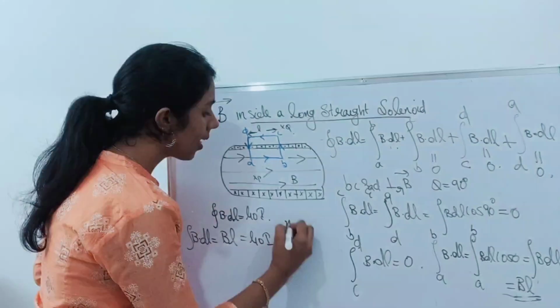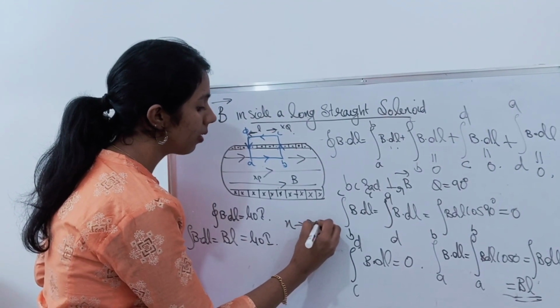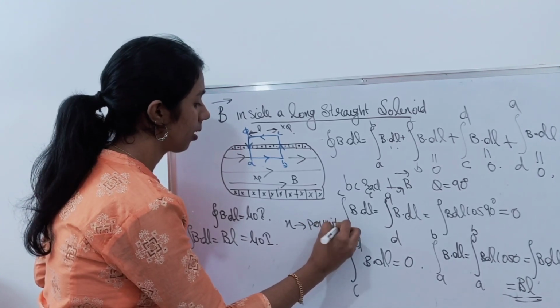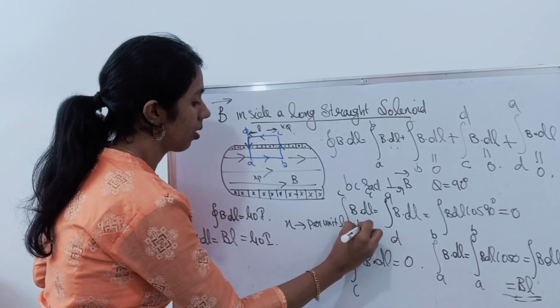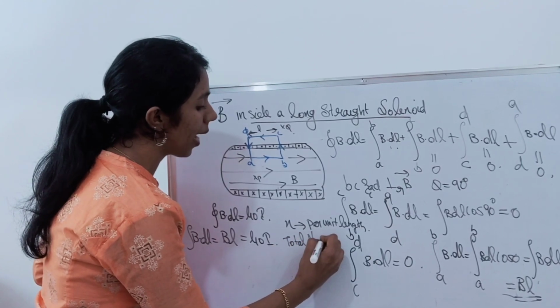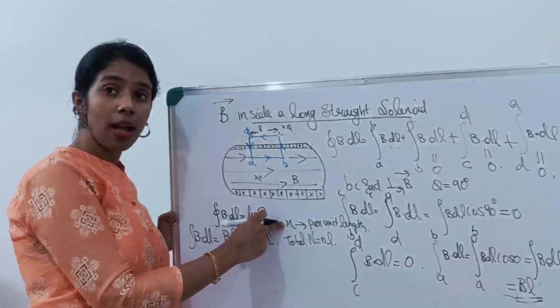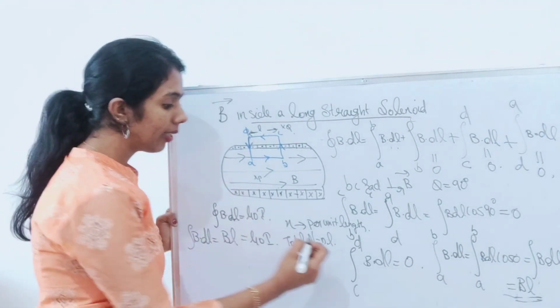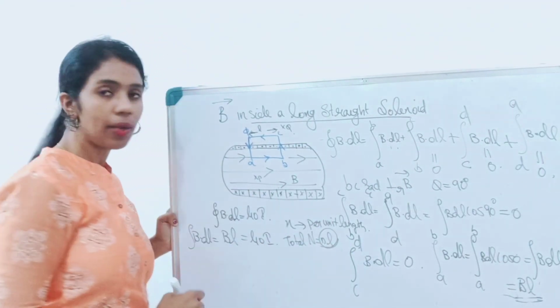Suppose n is the number of turns per unit length. Then the total number of turns is equal to nL.